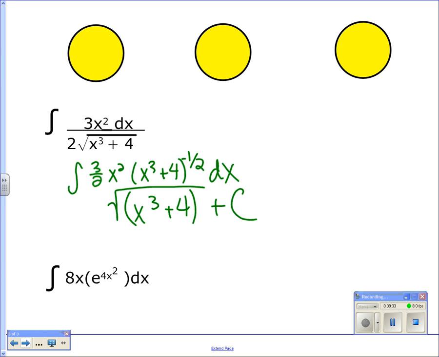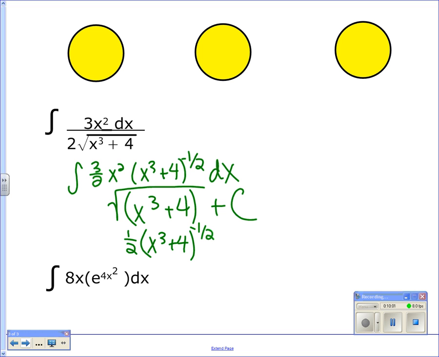Okay, if this was it, that's (x to the 3rd plus 4), all of that to the 1/2, right? Okay. If you took the derivative, you would make it to the what? To the -1/2. And then what number would come out here?